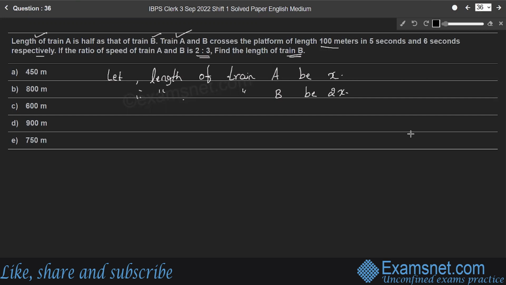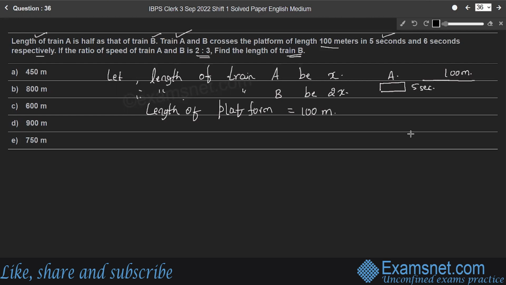And train A and B cross the platform of length 100 meters. So length of platform is 100 meters. So say for example, there is a platform of length 100 meters. Train A crosses the platform in 5 seconds, right? It takes 5 seconds to cross the platform.